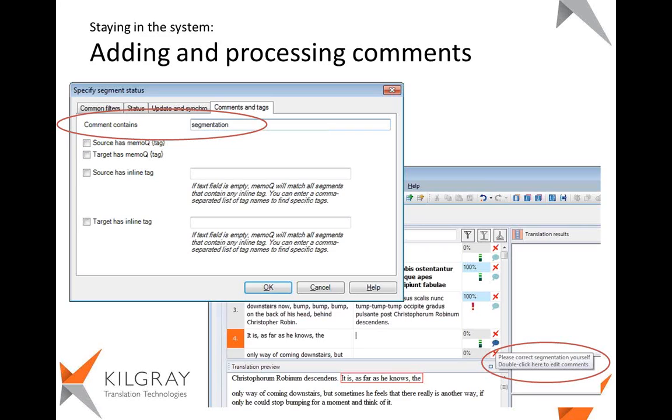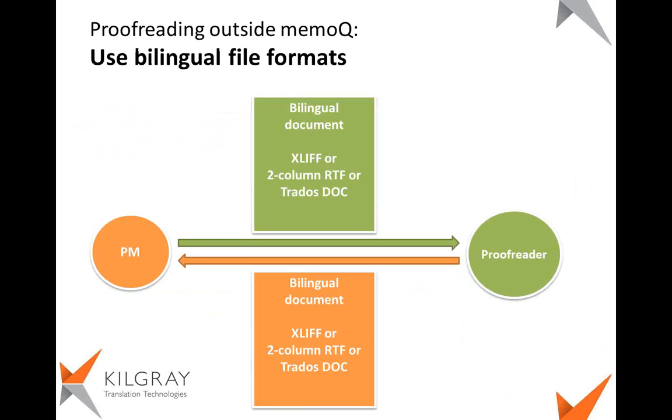So they prefer to work with Microsoft Word, and for this very reason, when designing the appropriate functionality in MemoQ, we had to provide for those people who actually choose not to work in MemoQ, and we had to provide ways of getting the bilingual content out of MemoQ and getting the proofread content back into the same MemoQ project.